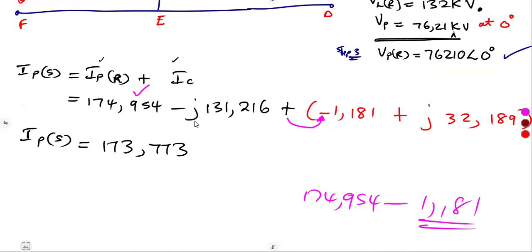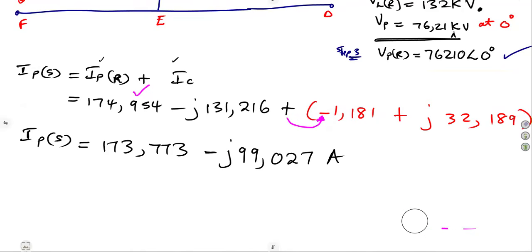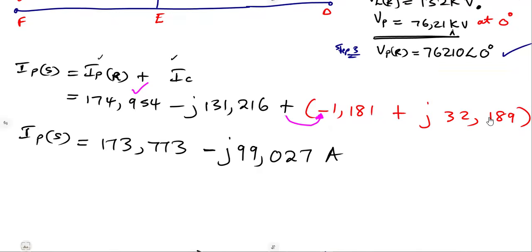Then in this case, it's negative 131,216 plus 32,189. Remember, plus and a plus. You add those two, and that gives us a negative, minus j99,027. So that's our current on the sending end, our sending end phase current.